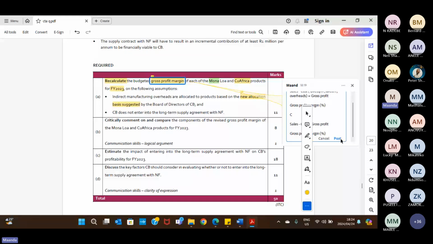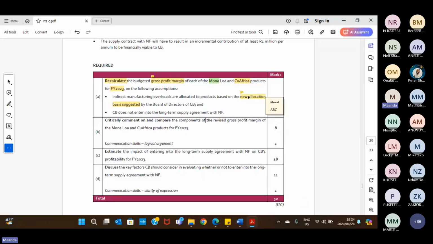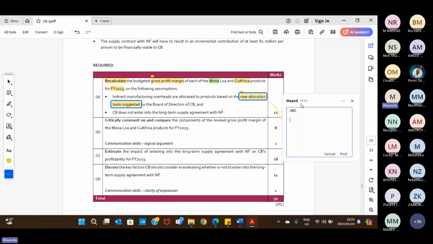So with ABC, we touched on it, and we said, okay, let me put it here. And what is ABC? With ABC, I know that there were 4 steps that we discussed. Firstly, I need to have my overhead costs, the ones that I need to allocate. And then what do I do?